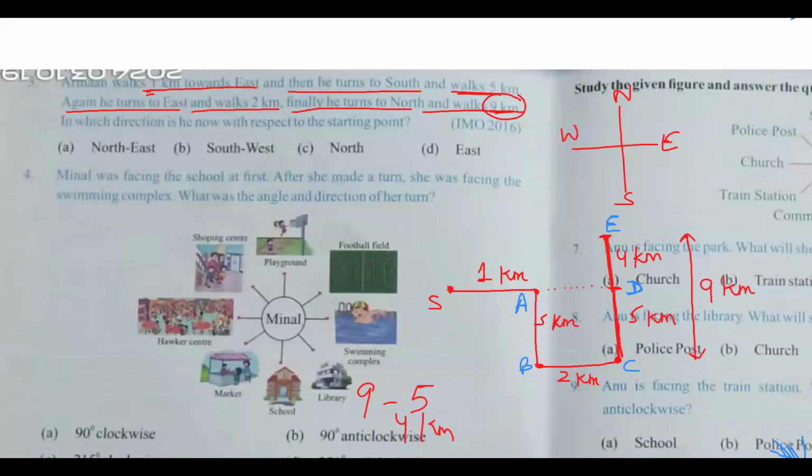Yes, ma'am. So now what is the final position? Final position is E. Now he's standing at E point. All right, we have drawn the entire arrangement. Understood this much? Understood this much, Sanaya?